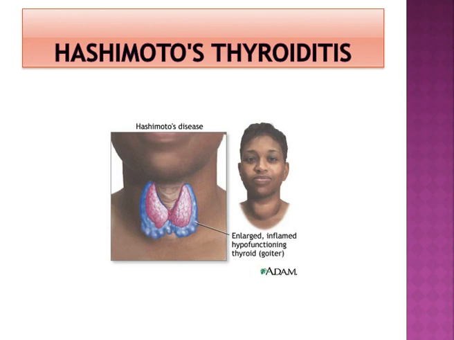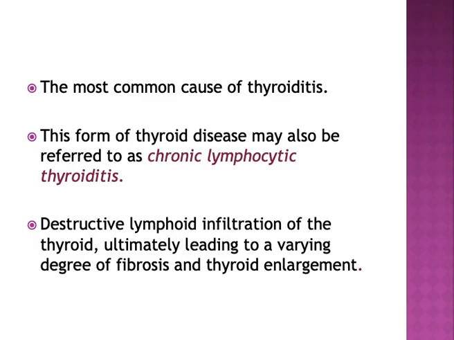This one is the most common form of primary hypothyroidism in the patients, and that's why this condition has some importance. It was first defined by the guy whose name was Hashimoto. It is the most common cause of thyroiditis, and it is also referred to as chronic lymphocytic thyroiditis.